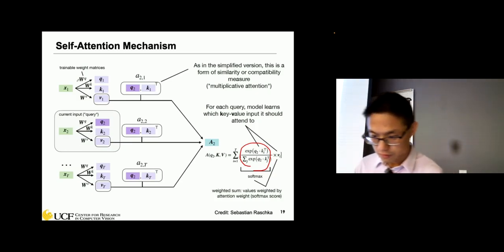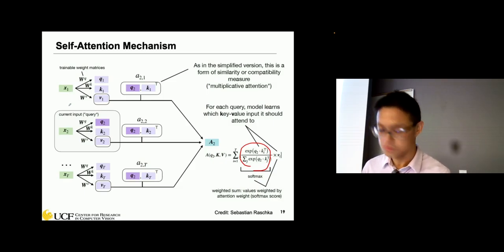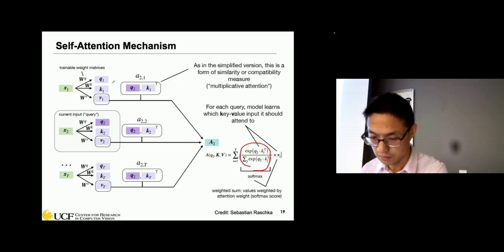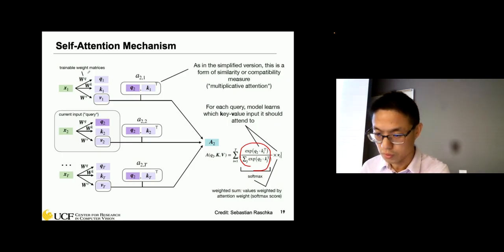So this is like the previous example, where we have T inputs, x1 to xT. Before, we didn't have these weight projections; we just used the feature representations and computed the dot product. But now we have these so-called trainable weight matrices, so we first multiply with these weights.